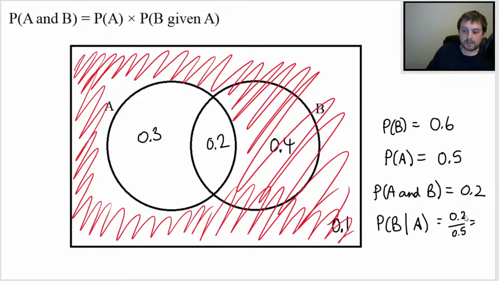So what's that? 2/5, which is 0.4. Right, if you think about it, if you know A has happened, B has now become a little bit less likely to have happened. And you can see that with the change in probability.